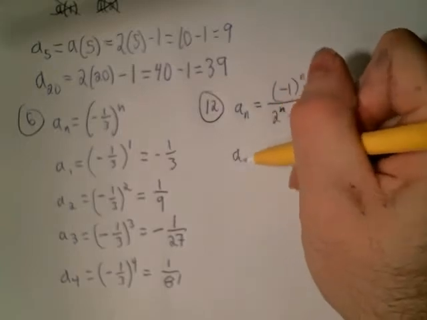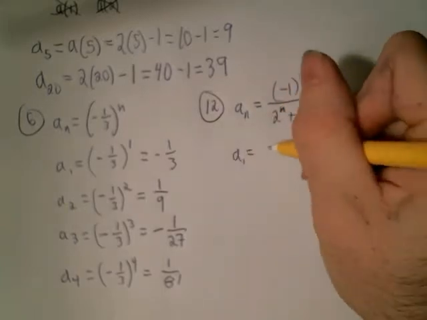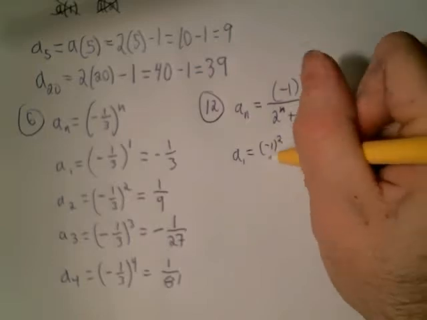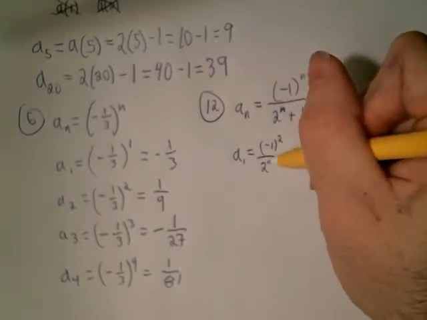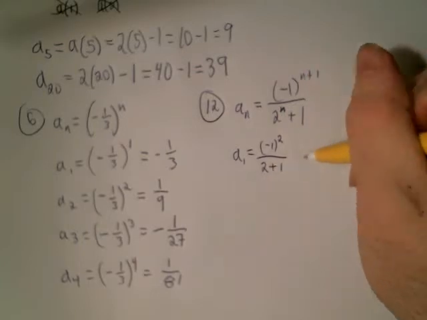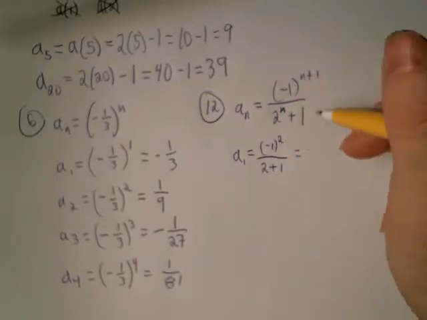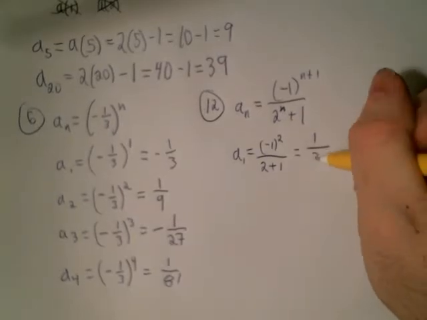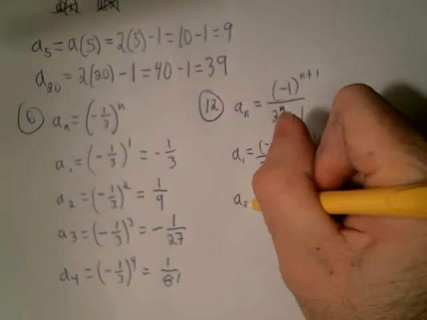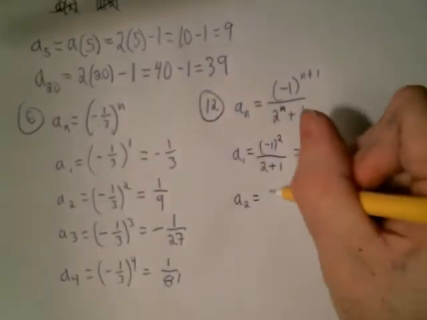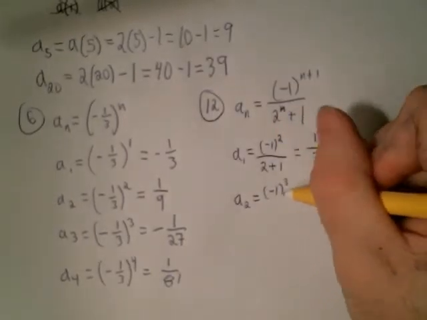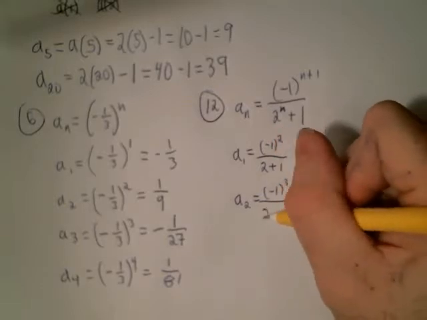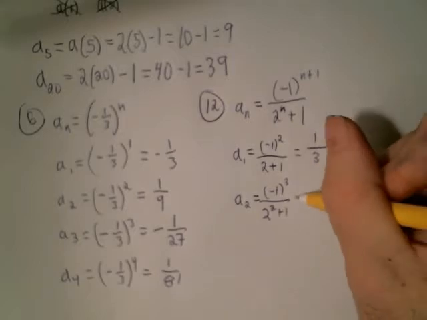So for example, a sub 1 will be negative 1 to the 1 plus 1, which is 2, all over 2 to the 1 plus 1, which is 3. So this first term, negative to an even power, will be positive. And then the next term, because you're raising negative 1 to an odd power, it'll be negative.